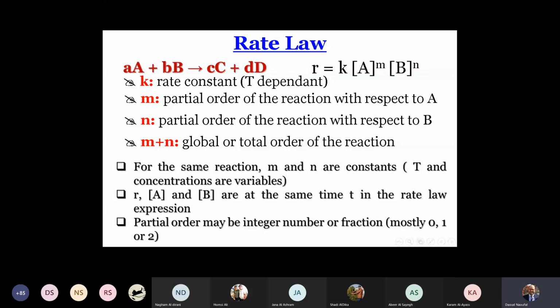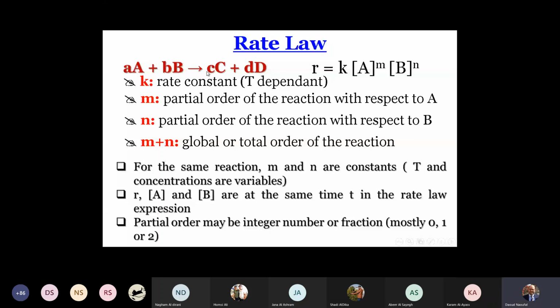As a conclusion, pay attention that for the same reaction, m and n are constant, are the same. If you change the temperature and the concentrations of a reaction, you obtain the same m and n. Suppose I realize the previous reaction at initial concentration A1 of A and B1 of B at T equal 25.